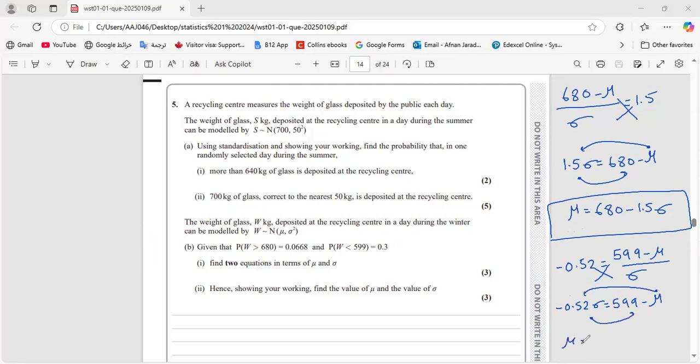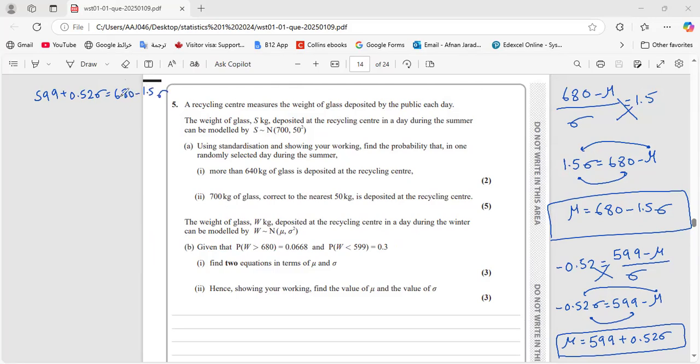So mu equals 599 plus 0.52 sigma. So take this one as the second equation. So mu equals mu. You need to make simultaneous equations by making these two equations equal to each other. So now 599 plus 0.52 sigma equals 680 minus 1.5 sigma.